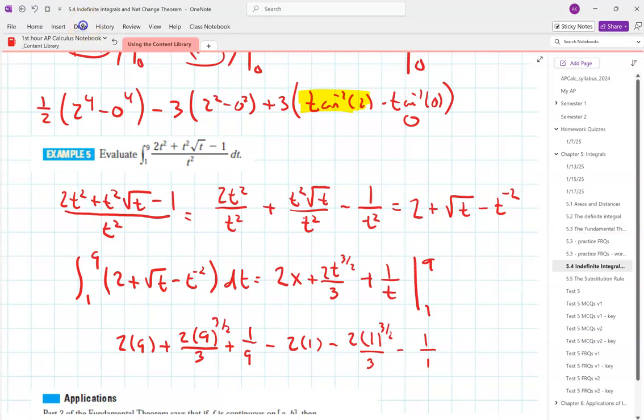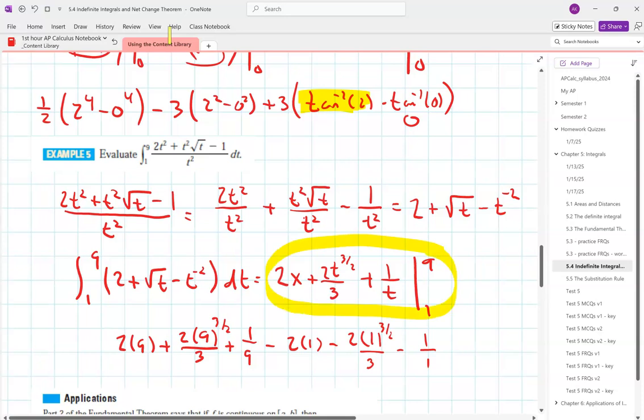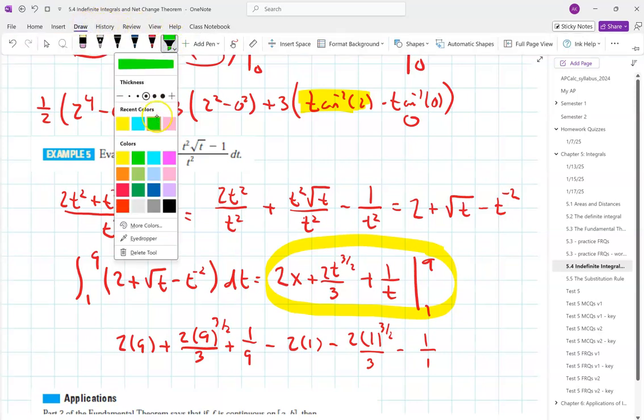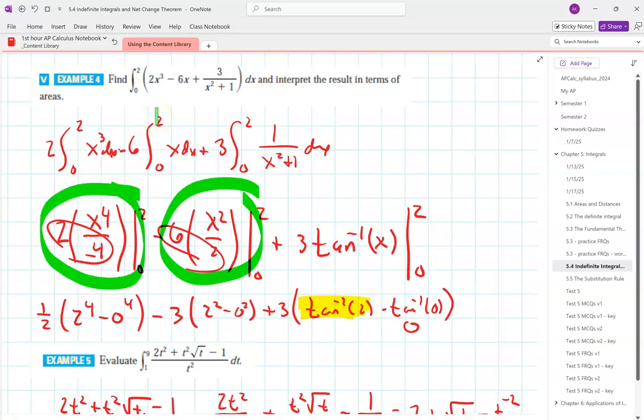Notice that it didn't make any difference if I thought about it this way, where I found each antiderivative and then looked at the difference of the whole thing evaluated at 9 minus the whole thing evaluated at 1, or like we did on the previous problem, where I looked at the difference of each part of my antiderivative.